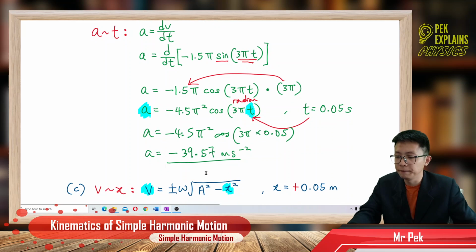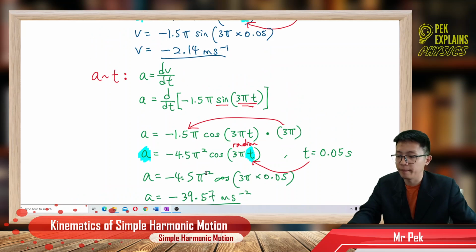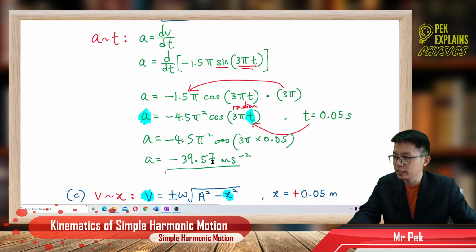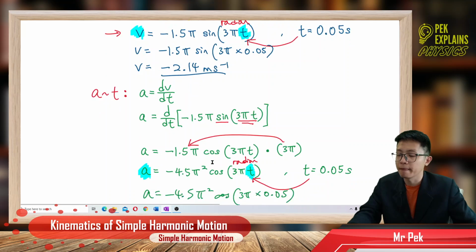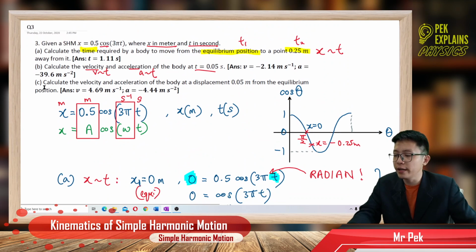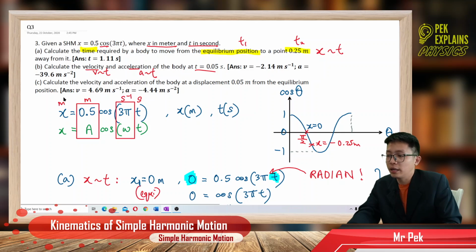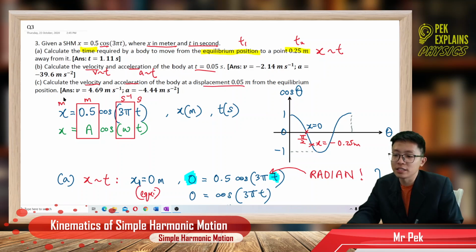Now, part c. Calculate the velocity and acceleration of the body at displacement 0.05 meter from the equilibrium position. Now the question asks for velocity and acceleration, but given displacement.